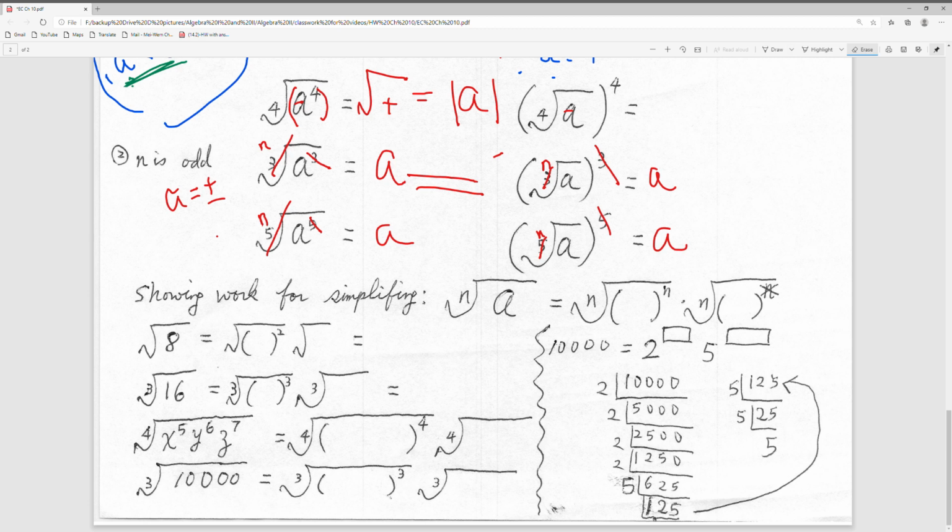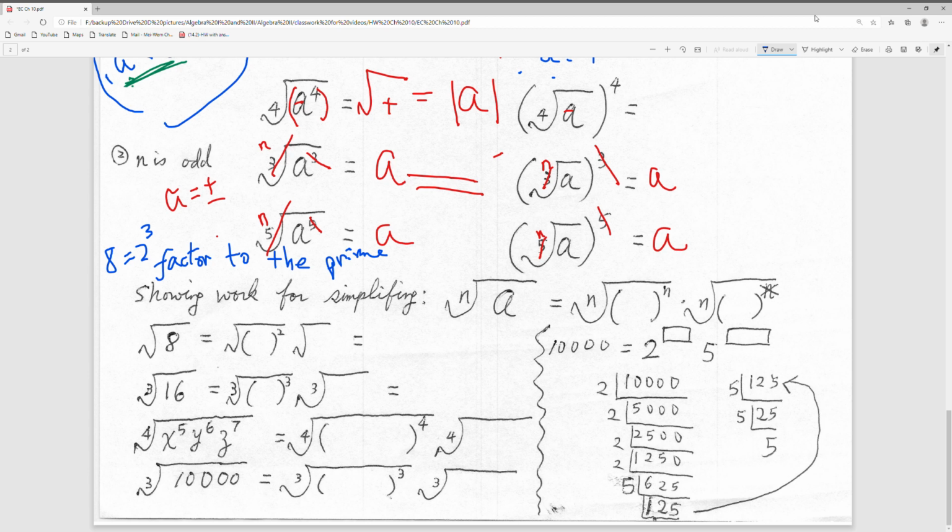So 8 equals 2 cubed. You need to factor into primes. Prime numbers mean 2, 3, 5, such numbers.